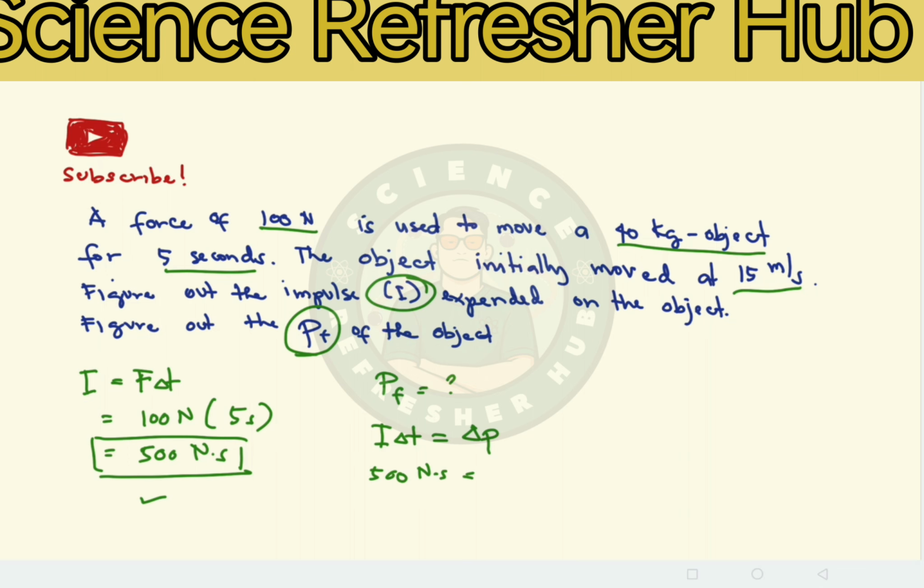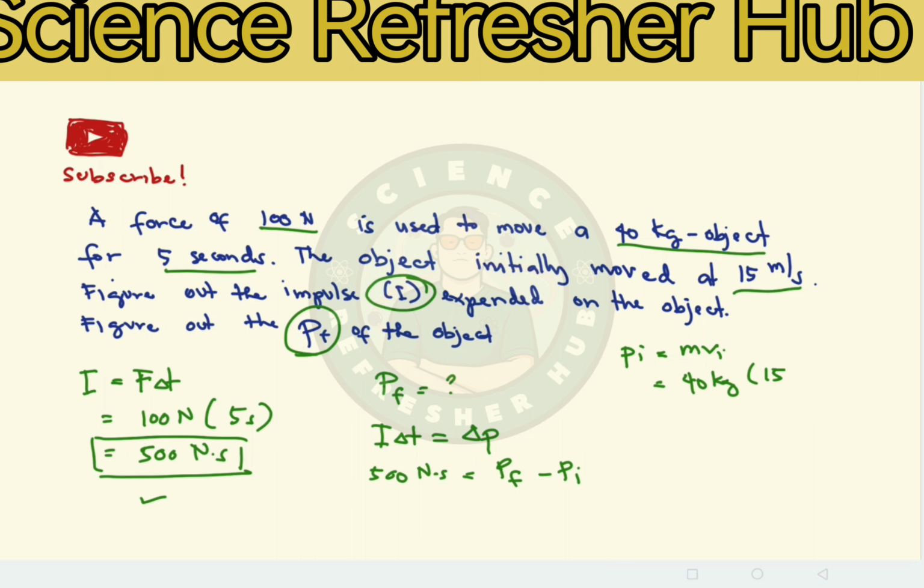The impulse we just calculated is 500 newton seconds, and the change in momentum we can write as P final minus P initial. We need to find P initial, which is mass times initial velocity.